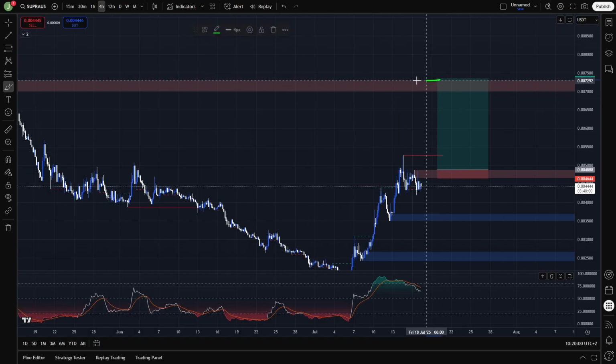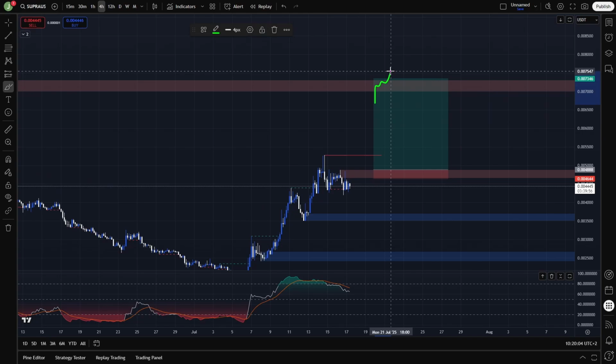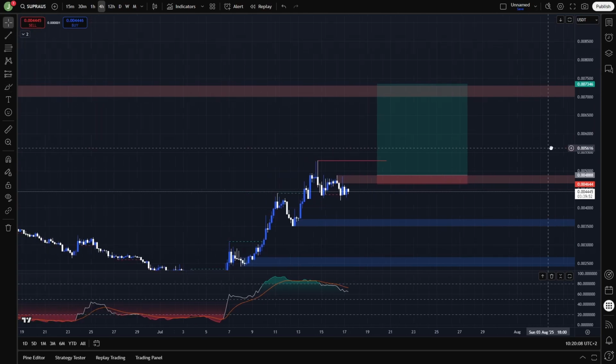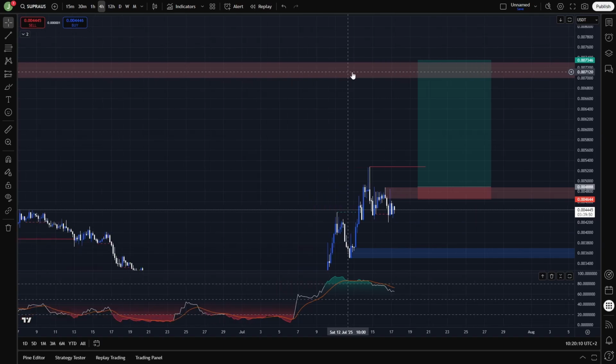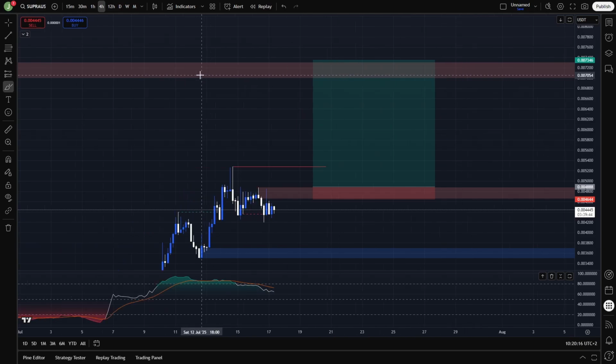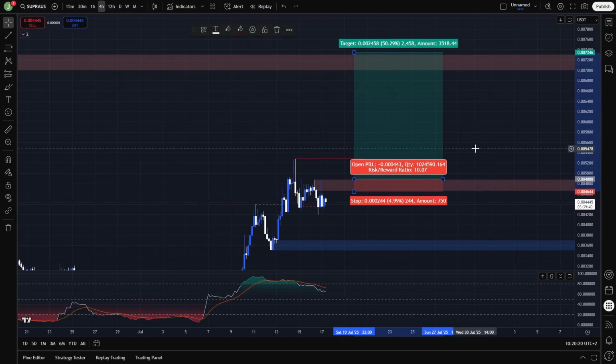So if there will be many stop losses, I think it only makes sense that we are going to grab the liquidity, and then the market will decide what the next important move will be. So I think that placing the last take profit target in an area where a lot of people will place their stop losses makes really great sense, and the risk reward ratio will also be better because we have a higher last take profit target.